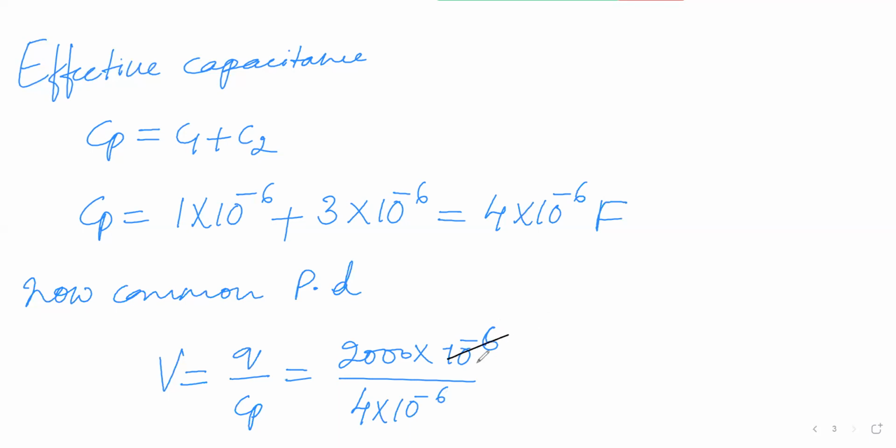The 10 to the power minus 6 terms cancel each other. 2000 divided by 4 is 500 volt. That is the common potential difference.